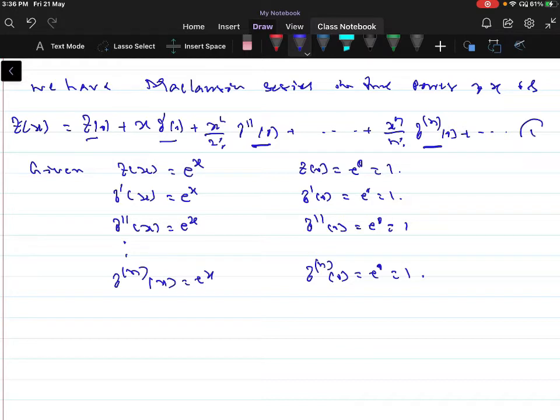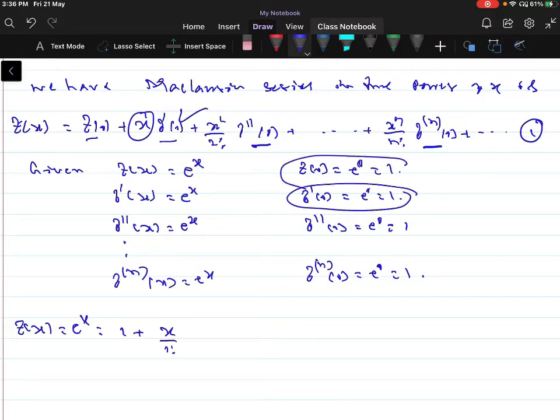So let us substitute in equation 1. Therefore f of x, that is e power x, can be written as f of 0 is 1, plus x by 1 factorial into f dash of 0 is 1, plus x square by 2 factorial into f double dash of 0 is 1, plus and so on, x power n by n factorial into nth derivative of f at x equal to 0 is 1, plus and so on.